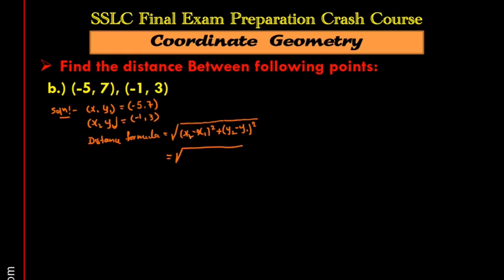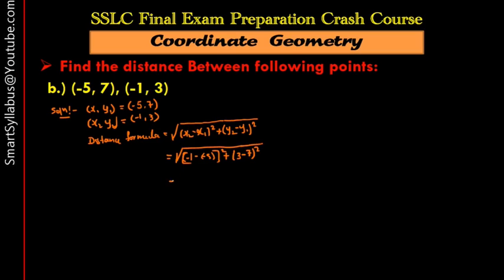Okay, x2 is minus 1 minus x1, which is minus 5 now. Now plus y2 is 3 minus y1 is 7, the square for both.